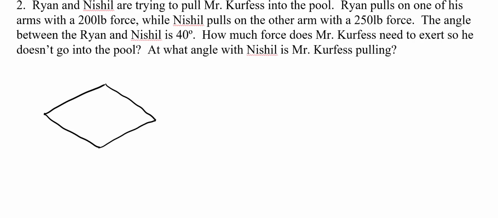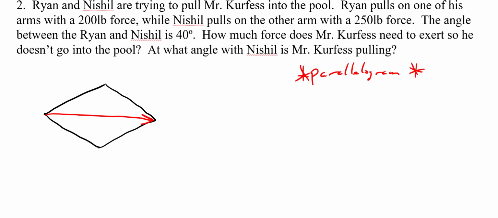So this is my parallelogram, and this is the resultant force. It's always a parallelogram. If you try to do tip to tail, you're not going to get it right because it doesn't make sense to do tip to tail when you have two forces pulling at you.